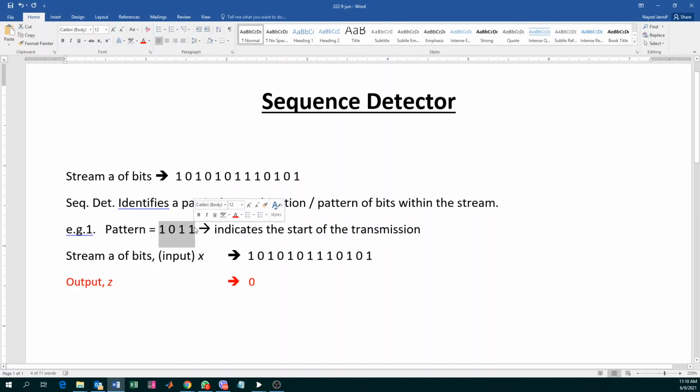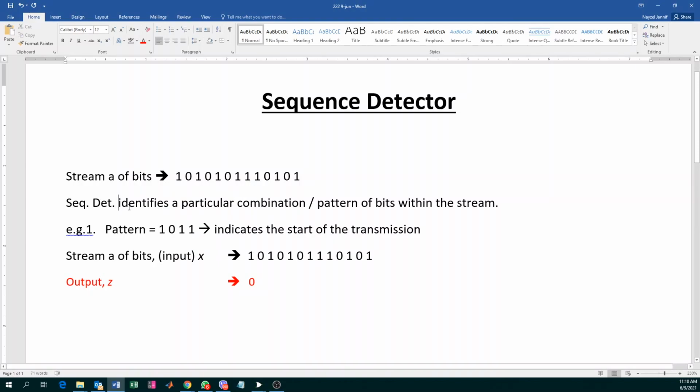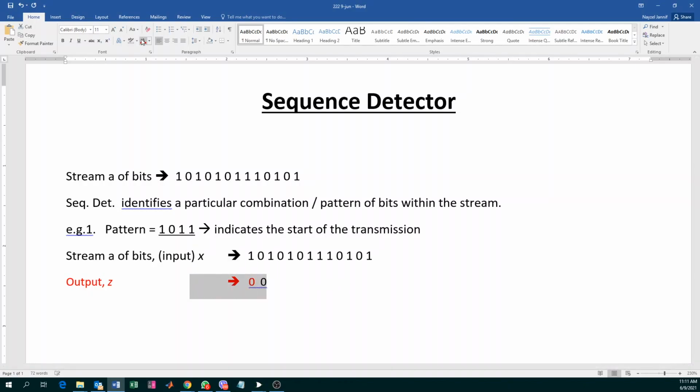What is the pattern which we require? We require the pattern to be 1, 0, 1, 1. So the second bit is 0, therefore our system becomes 1, 0, but we wanted to achieve 1, 0, 1, 1. We still have not achieved that.